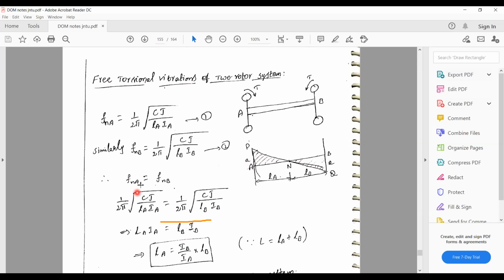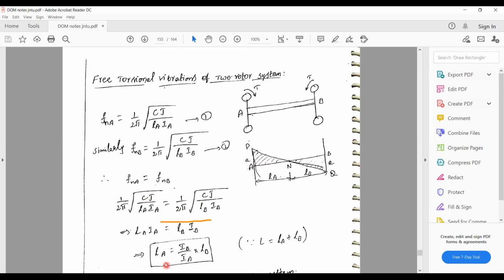Therefore, the natural frequency at rotor A equals the natural frequency of rotor B. Both are equal. Equating the two frequencies, 1 by 2 pi into square root of Cj by La Ia equals 1 by 2 pi into square root of Cj by Lb Ib. The common terms cancel, so the remaining terms are La Ia equals Lb Ib.